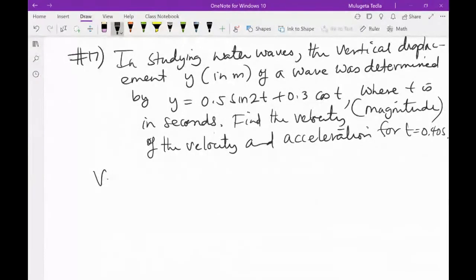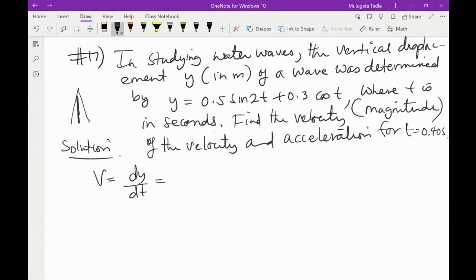So, okay, the velocity is dy by dt. That's vertical. This is a wave, so we are talking about vertical. There's no x component. So dy by dt. What's dy by dt?